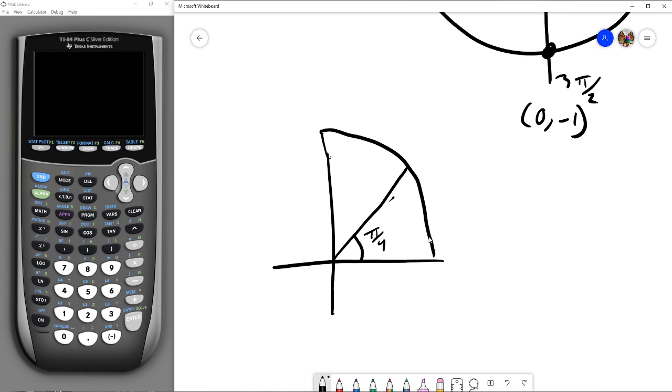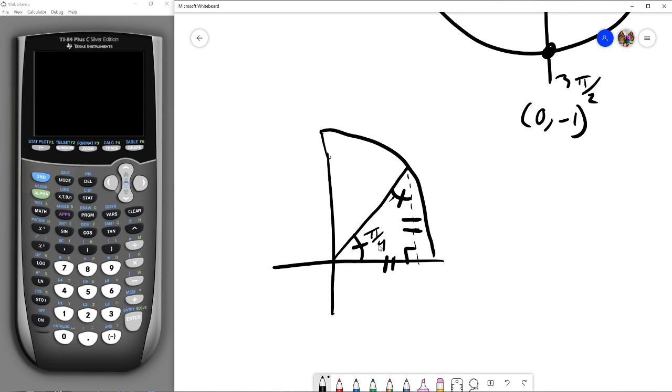There's our angle. Now, when I imagine drawing a right triangle here, the claim is that this side is going to be the same length as this side. The reason we know that is because our triangle has a 90-degree angle, and since we're cutting 90 degrees perfectly in half, this angle has to be the same as this angle, and we know that this one is pi over 4, so this one has to be pi over 4.